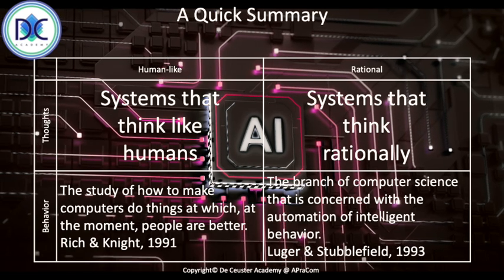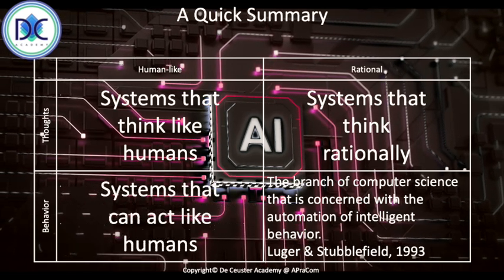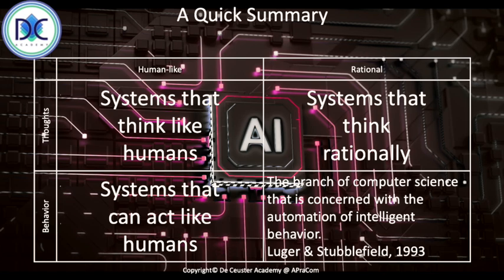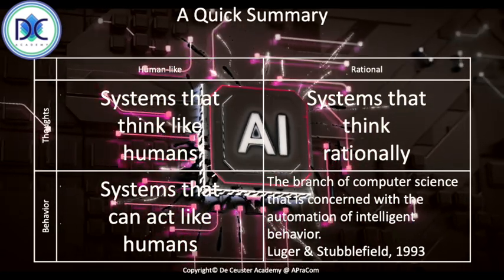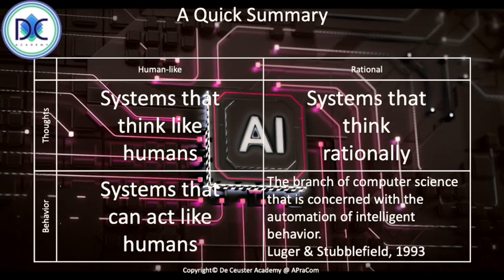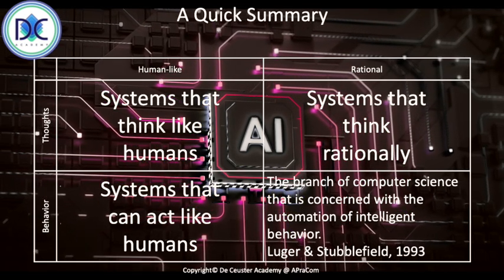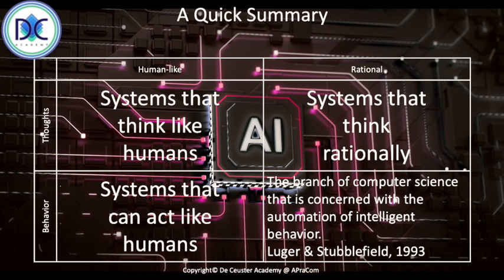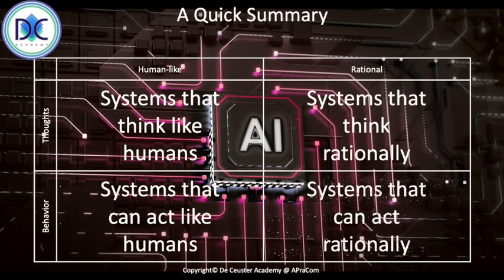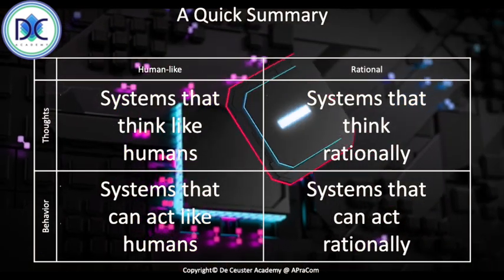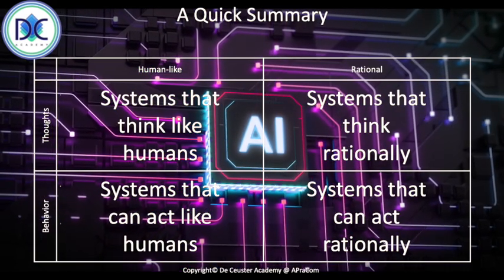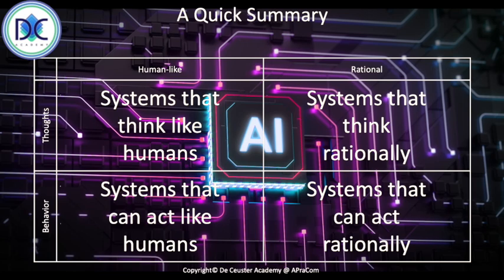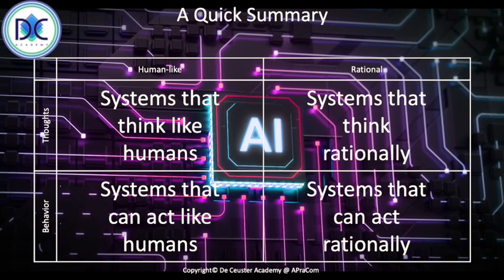Behavior and human-like, we look at systems that can act like humans, certain types of robots. We've seen robots playing football and other things, playing cards. And the last one is about behavior and rational. Here we are looking at systems that can act rationally. We will define later the rational agent. So these are the different elements that we considered in this presentation.